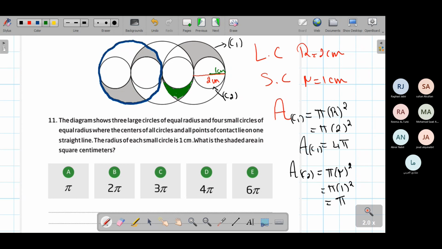Okay, Ragad, are you with me? Yes. Okay, this part is equal to that one. Is that clear, Ragad? Yes. Okay, so I will color that by the same color.